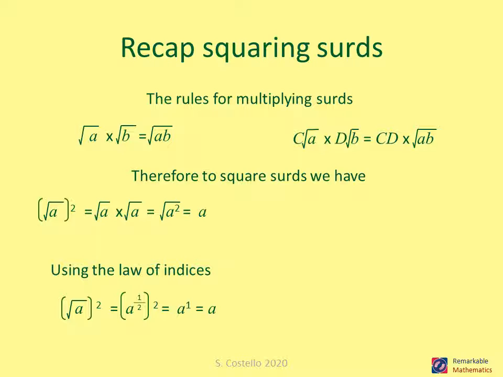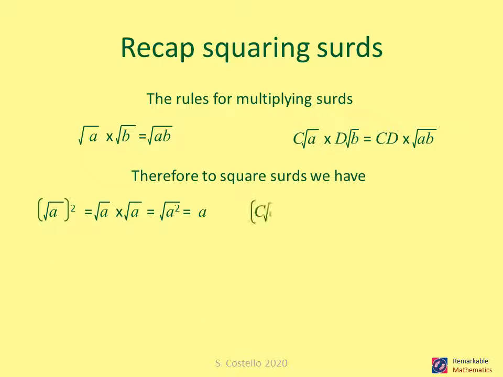So we can see how root a squared equals a. Then c root a squared gives us c squared times root a squared, and since root a squared is a, that gives us c squared times a.